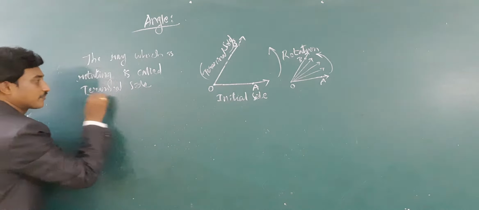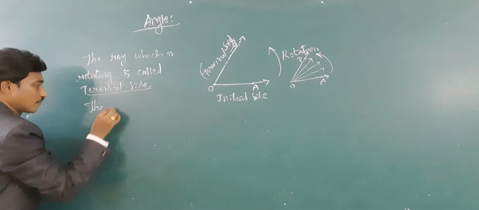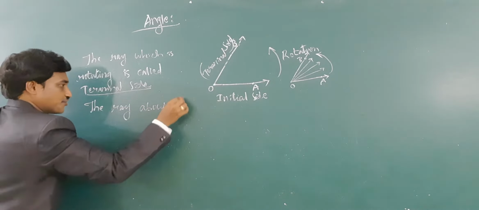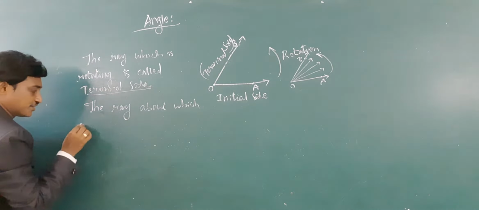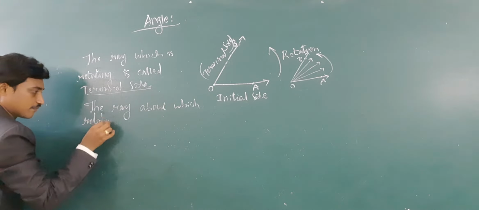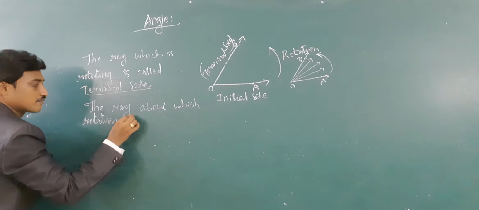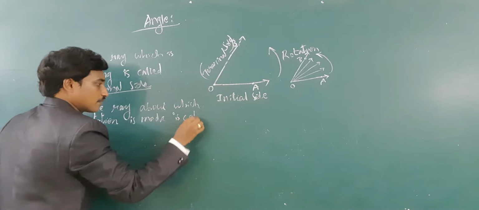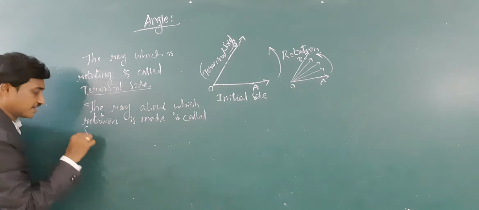The ray about which rotation is made is called the initial ray or initial side.